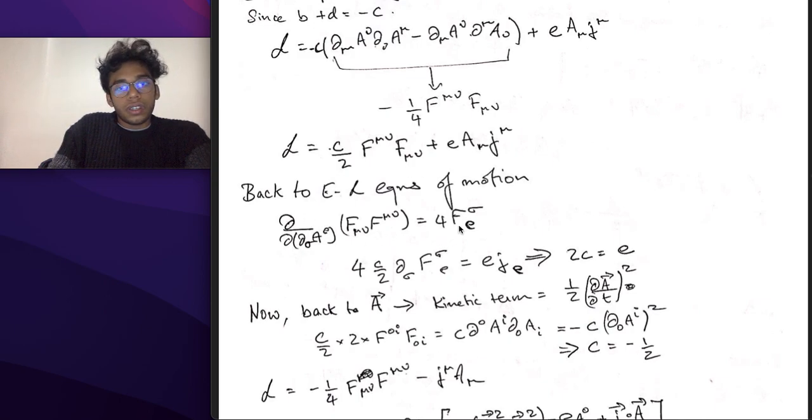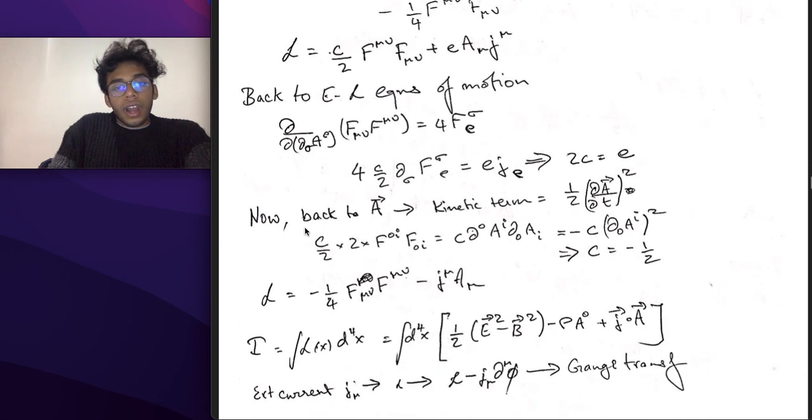And then when you arrive at a more or less clear picture, you go back to the Euler-Lagrange equations, and now to finally calculate the exact value of c, you go back to A, the potential. The kinetic term of the Lagrangian is given by half dou A by dou t whole square.